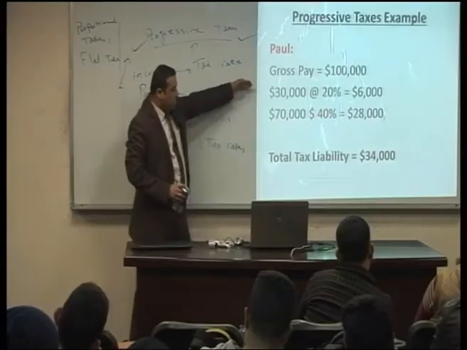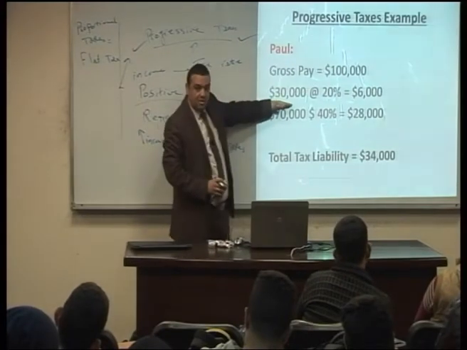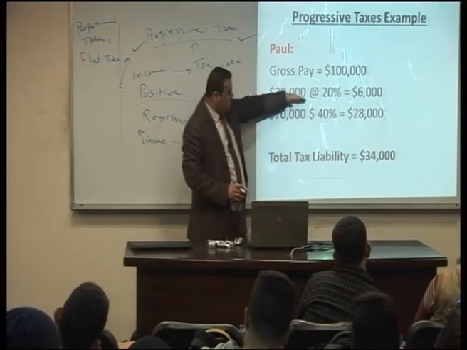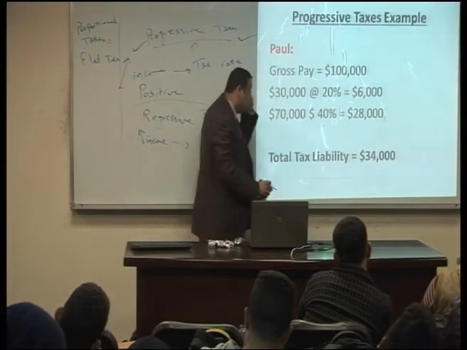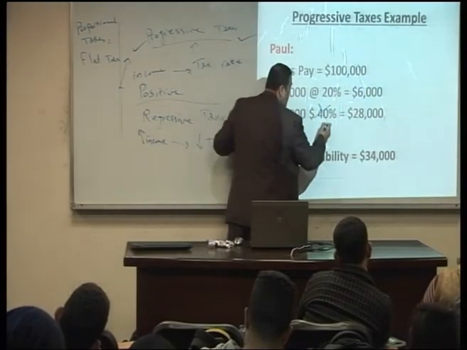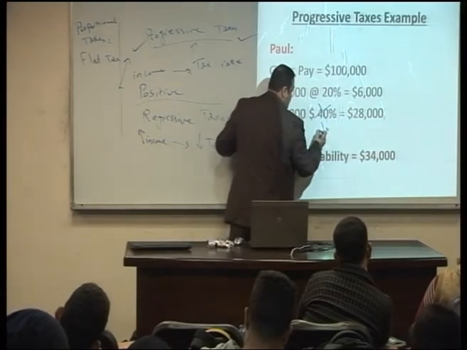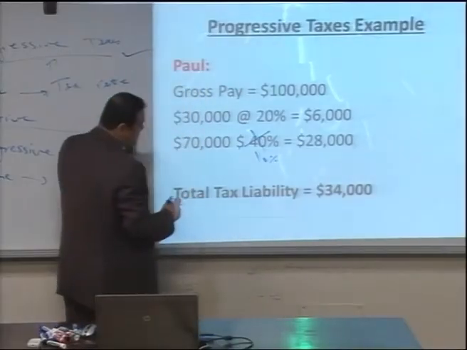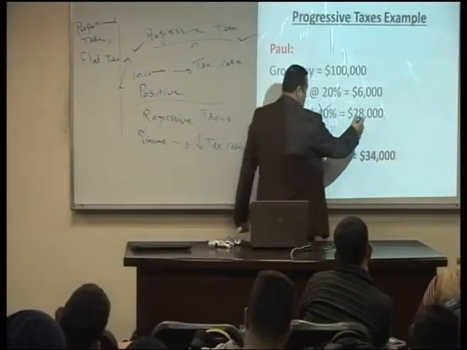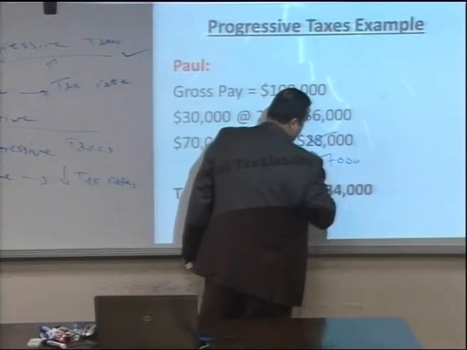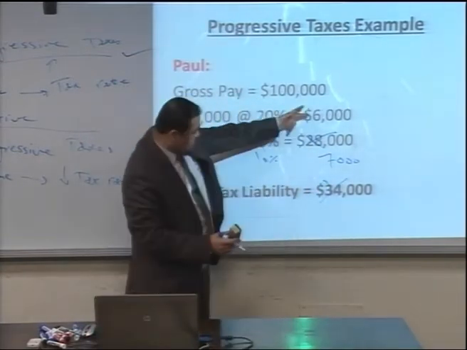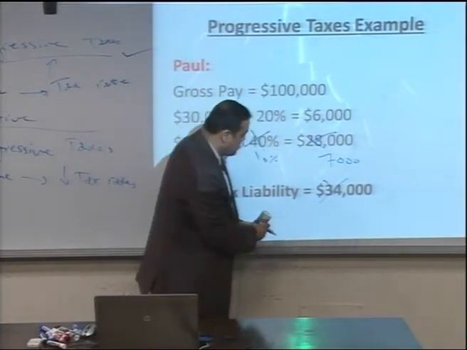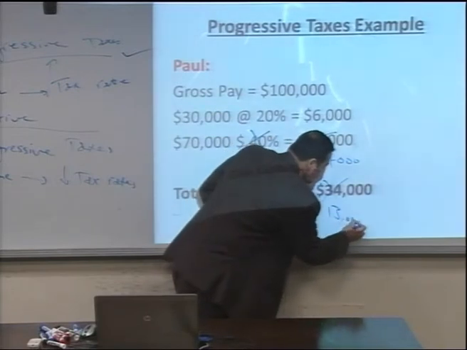Paul, gross pay 100,000. The first 30,000 of income is taxed at 20%, and here it is 10%. How much is it? 7,000. So 6,000 plus 7,000 is $13,000.